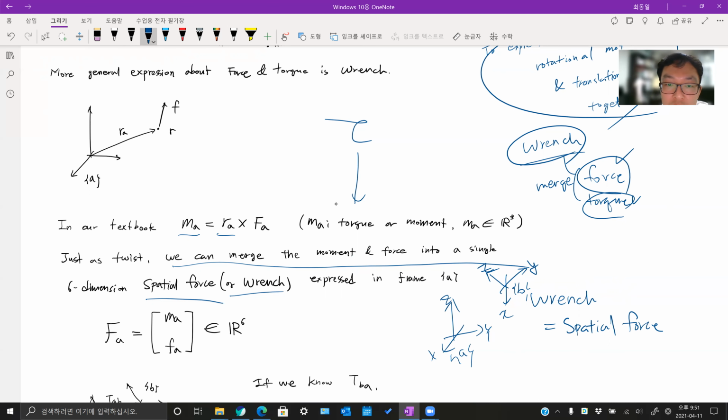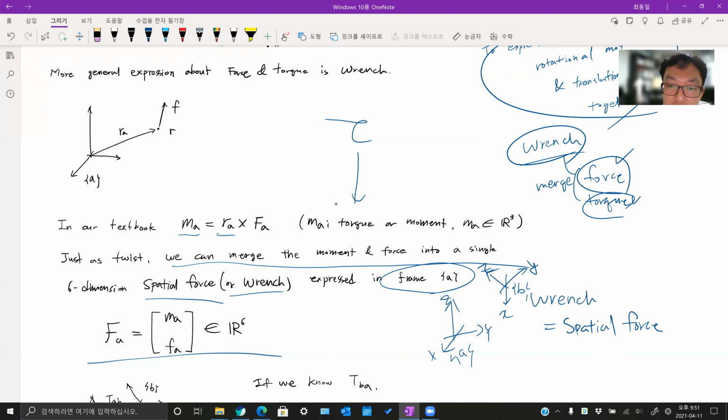So for the vector expression in 6-dimensional coordinates, the 6-dimensional vector, the base frame is very important.